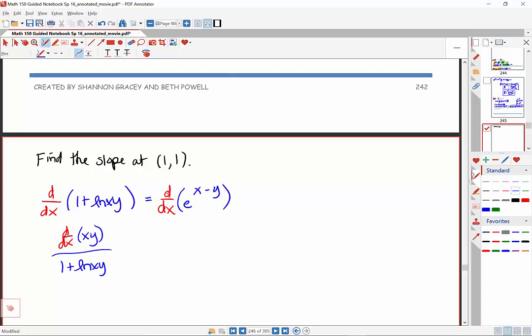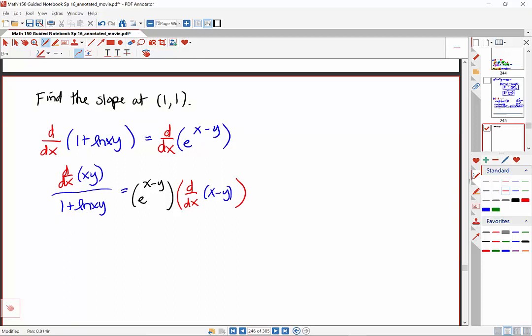You could have split those if you wanted to. Either way, it's probably a similar amount of work. So this is going to end up being e to the x minus y multiplied by d dx of x minus y.